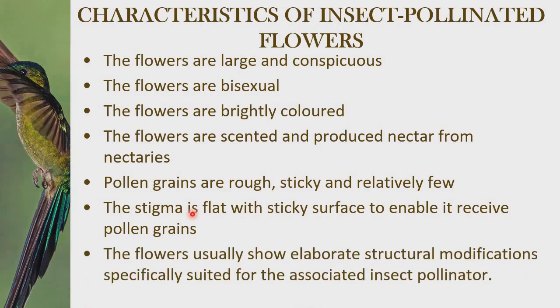The flowers also usually show elaborate structural modification suitable for insect pollinators. Some have a hollow stigma that enables any small pollen grain to fall into the style immediately, so that fertilization can occur and most of the pollen grains will not be wasted. These are some of the characteristics of insect pollinated flowers.